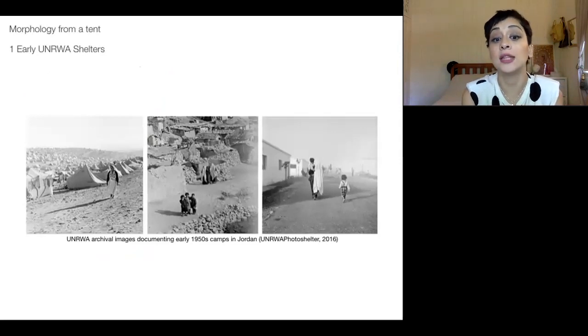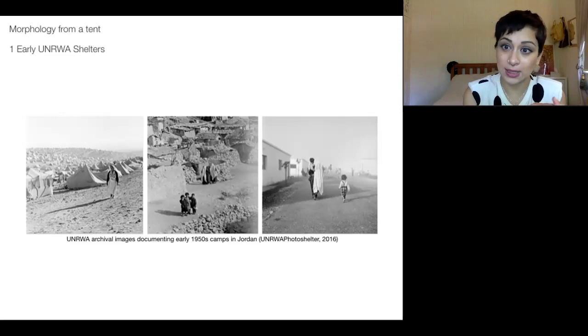And then they started to add boulder walls to surround their tents for protection from other people and the weather, made of stone and mud, which is a practice that Palestinians used in their fruit gardens and in their homes. And then after a while, they started adding corrugated metal sheets as roofs called zinco.